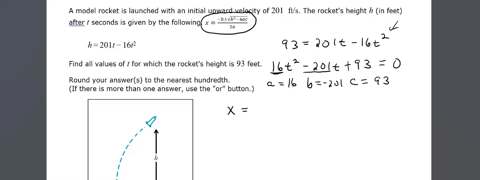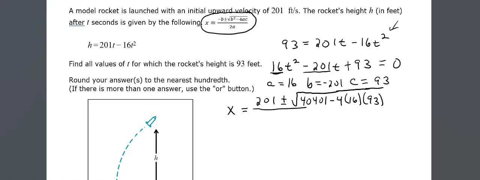So since b is 201, the opposite is positive 201, plus or minus. Now on your calculator, you're going to have to take 201 and square it, which is 40,401 minus 4 times a, which is 16, times c, which is 93, all over 2 times a, which in this case would be 2 times 16.